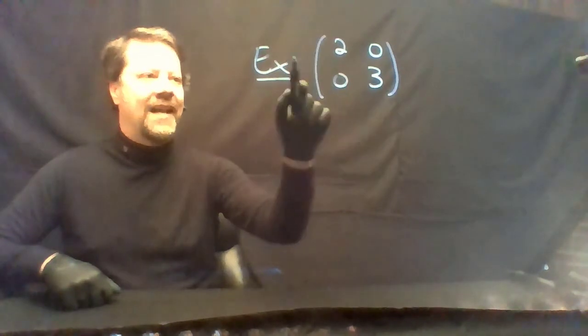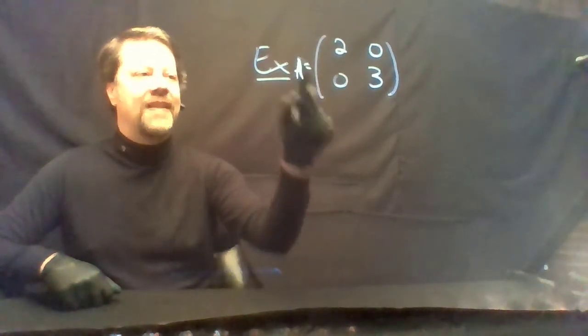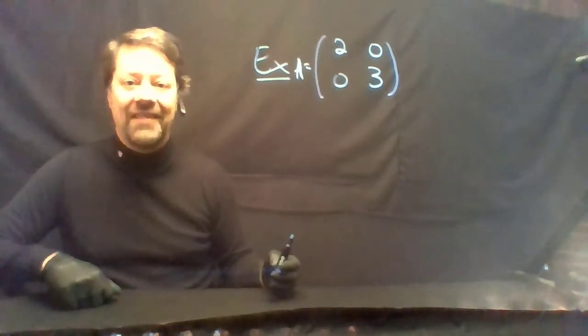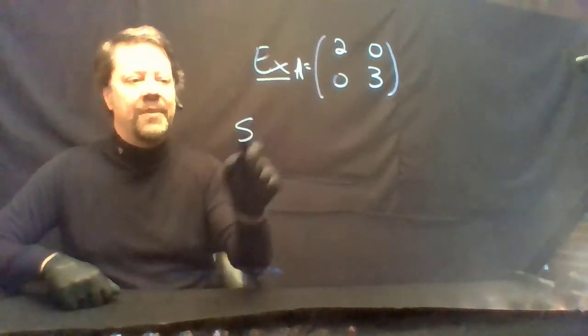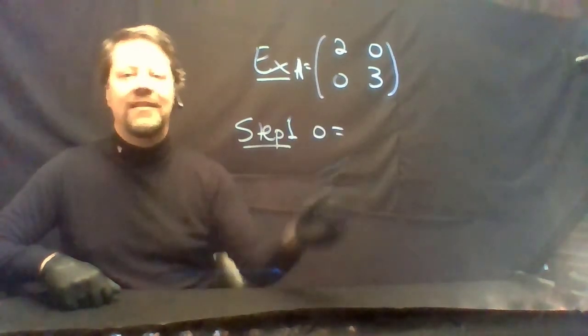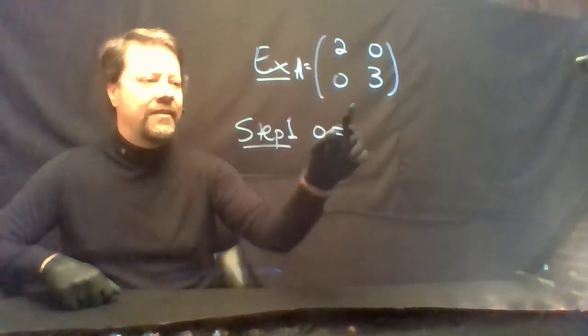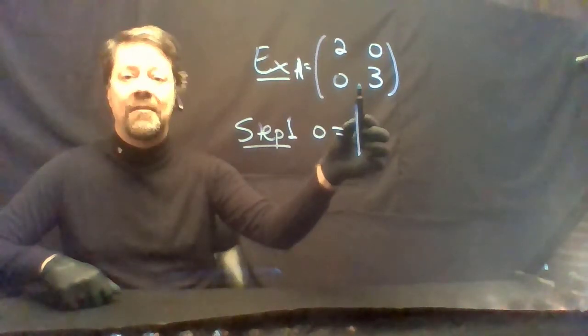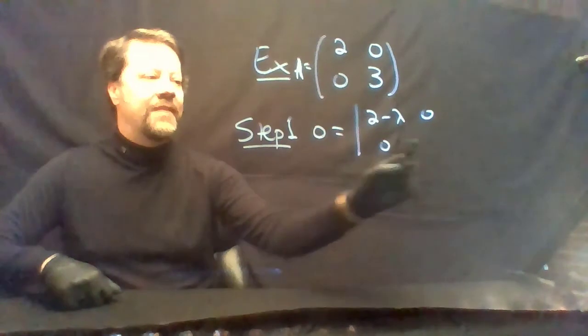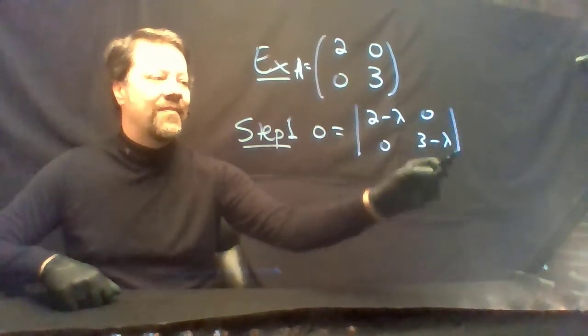Suppose I have the matrix A, and the matrix A is a diagonal matrix like this one. What are the eigenvalues in this case? Remember, step 1 is to solve this polynomial equation, the determinant of A minus lambda I, which is obtained by subtracting lambda from the diagonal elements.